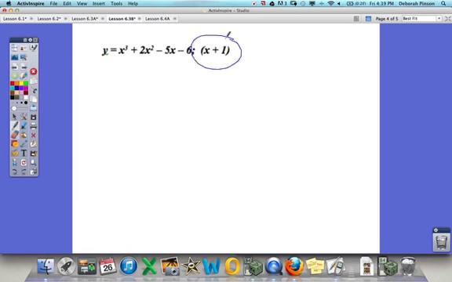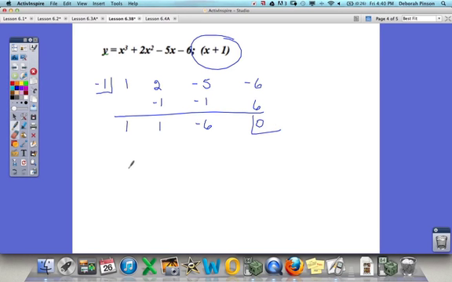Alright, so same thing. Let's get it factored and then we'll go ahead and solve. So I'm going to divide by x plus 1, which means in the box I'm going to put a negative 1. And then I'll go through and I'll do my synthetic division. Okay, so far I've got the x plus 1 that they gave me.